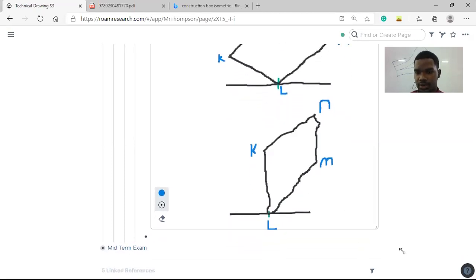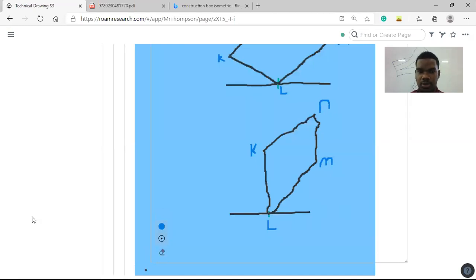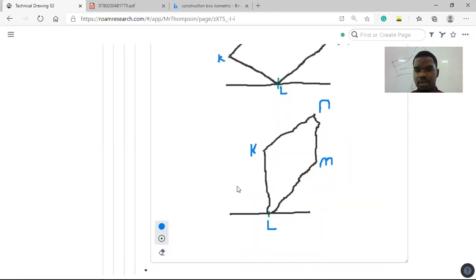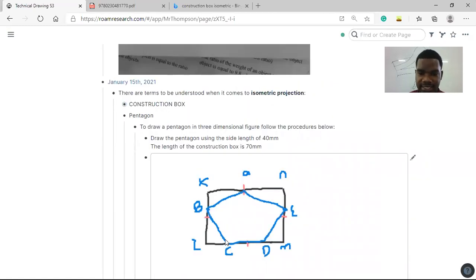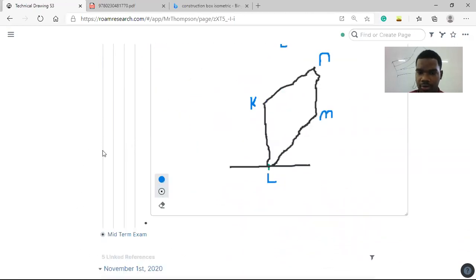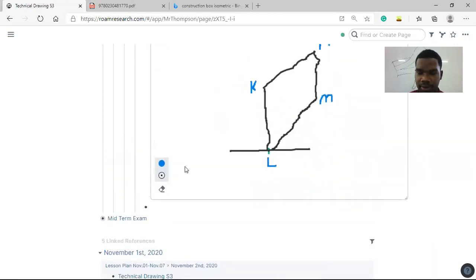So let me just extend it out a little bit more. So we're gonna begin to draw the pentagon now, okay? So remember that we had C some distance out of L. So what we're gonna do, we're gonna find the midpoint of L and M. The midpoint is gonna be approximately here.